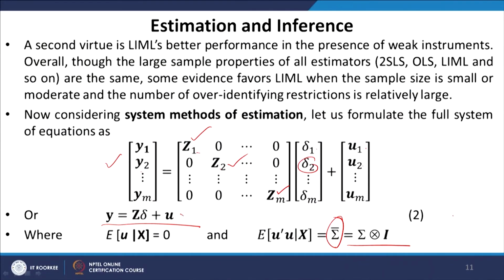So, for equation 2, this is my equation 2, and its least squares estimator. If you remember, the OLS estimator is x prime x inverse x prime y. By drawing an analogy, my OLS estimator here will be z prime z inverse z prime y.